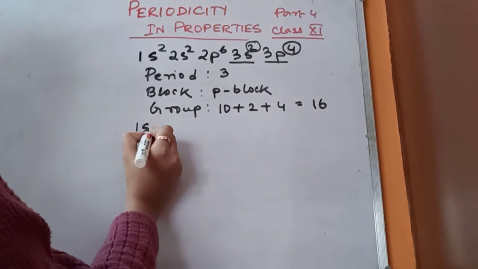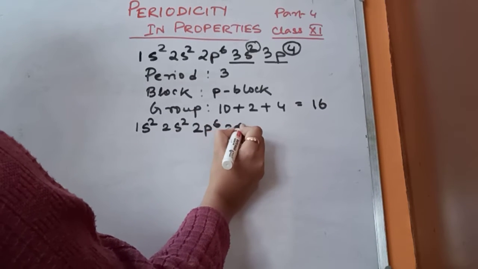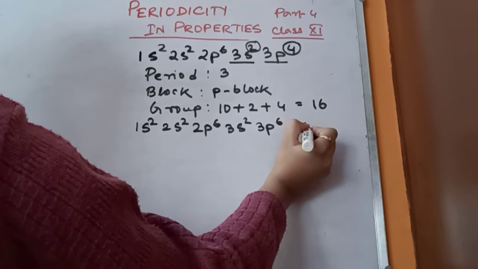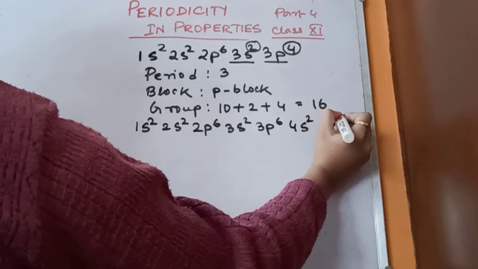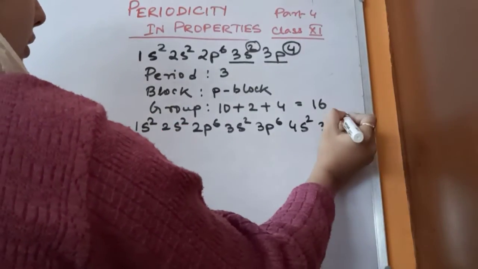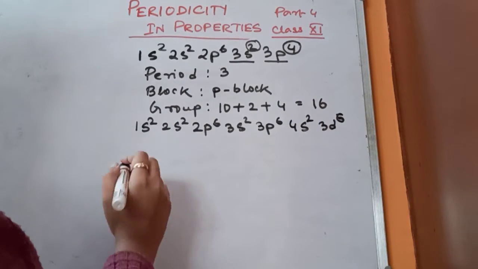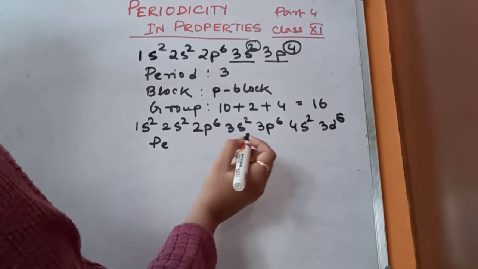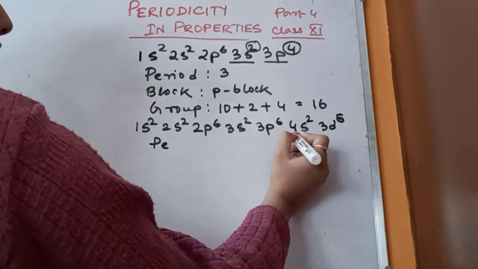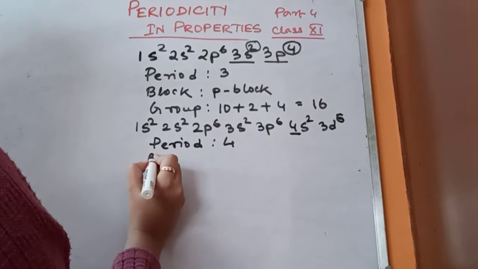I'll come to another example. Look at this. Here the principal quantum number of the outermost shell is 4, so the period will be 4.